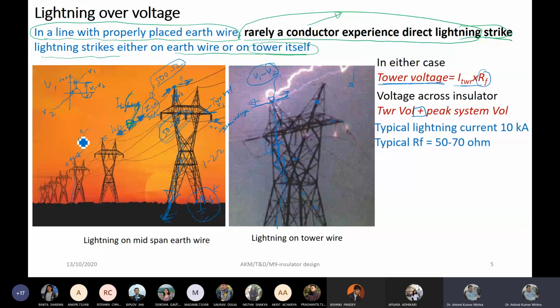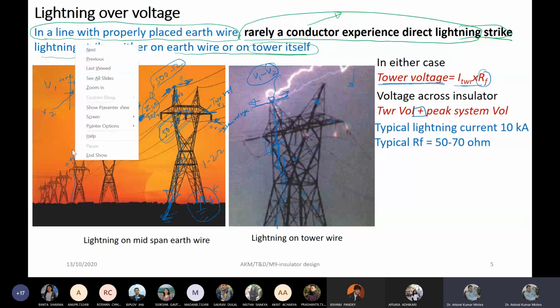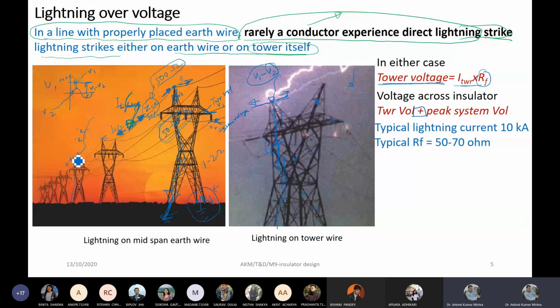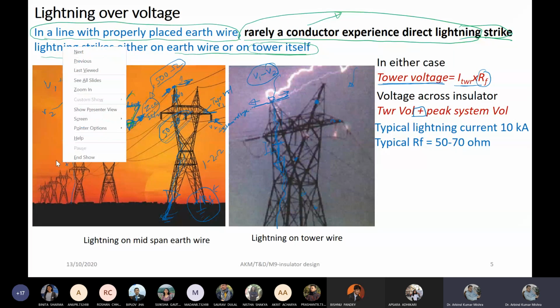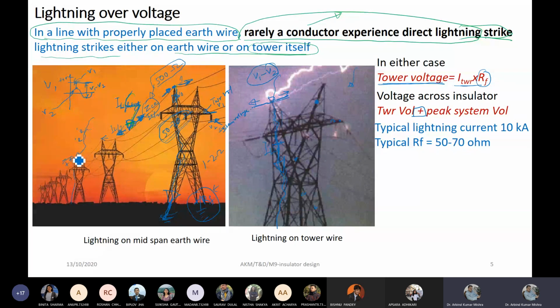Lightning is the electron flow, which is the negative charge. Once it touches this point, since that path is already ionized, they think this positive charge moves very rapidly towards the cloud.